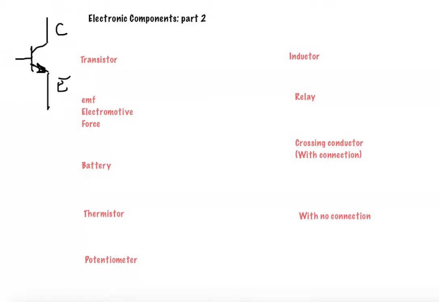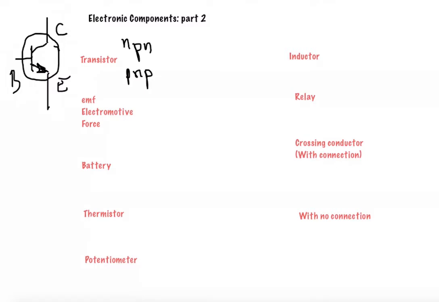And all of these are inside a circle. So we have the base, a diode BE, a diode BC. There are two types of transistors. One is called the NPN, another one is called the PNP. So I'm going to see the details about these ones.